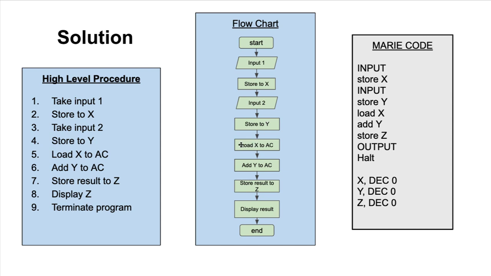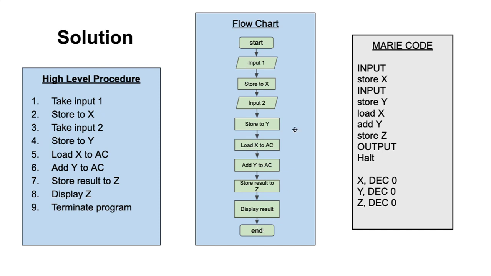Then we add y to the AC. Those two steps add the values of x and y and store the result in the AC, and then we store the result to z. Then we display the result to the console, and then we terminate the program.